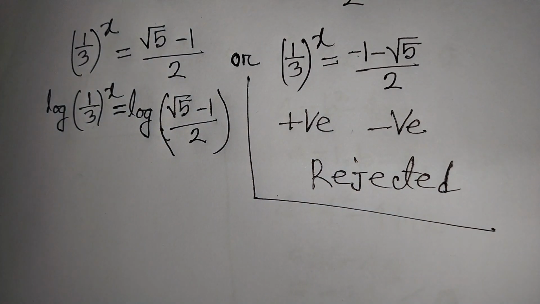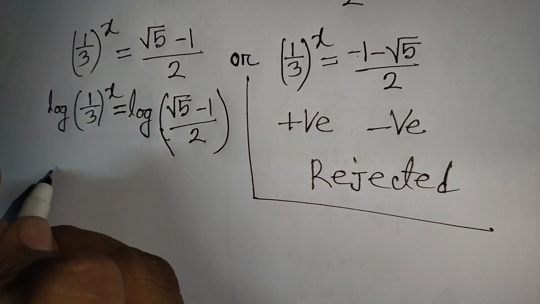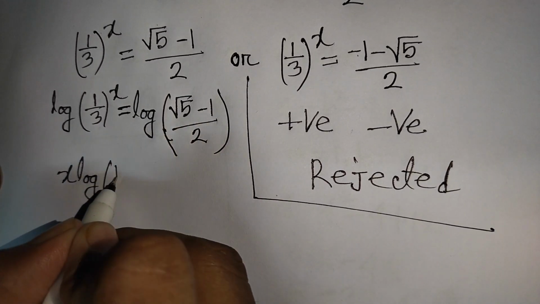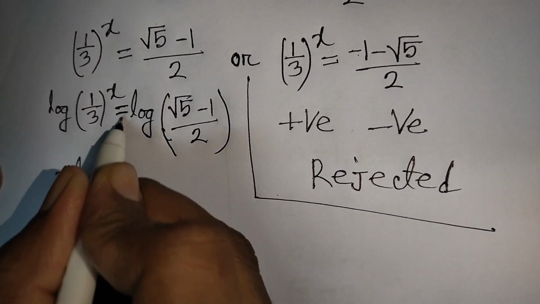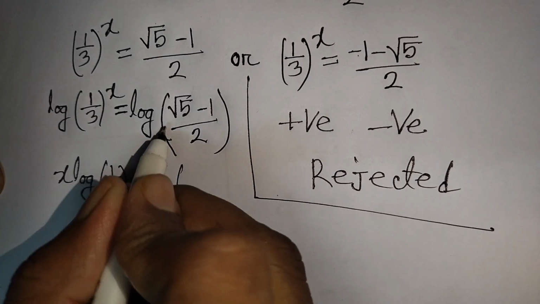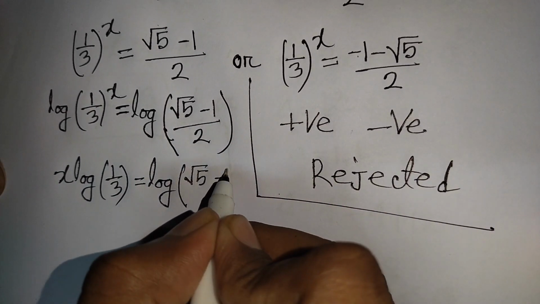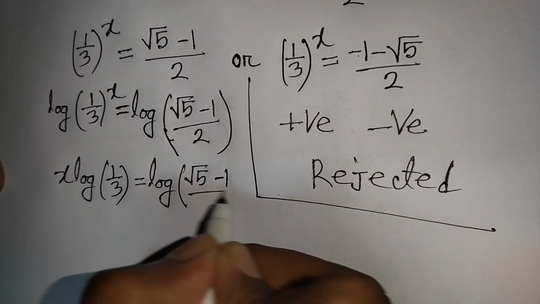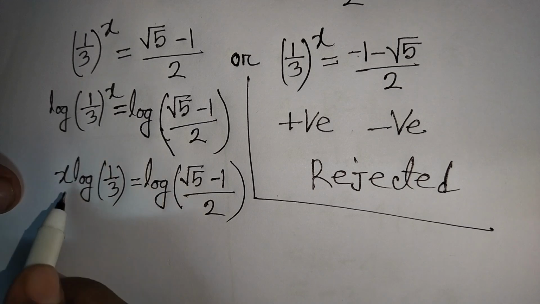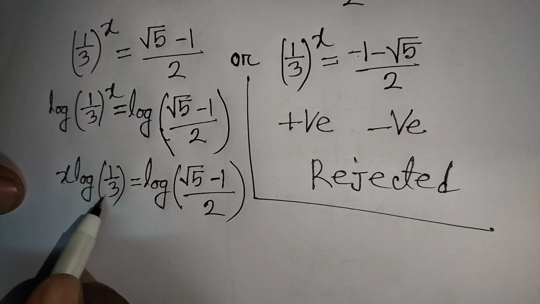Now this power x will move to the front, so it will be x log of 1 by 3 is equal to log of (square root of 5 minus 1) divided by 2.